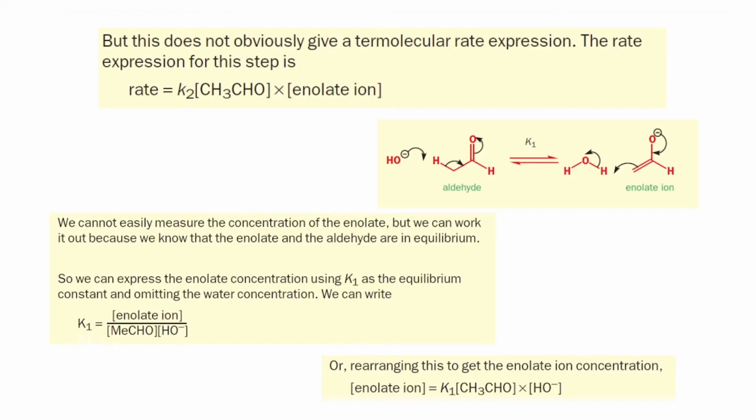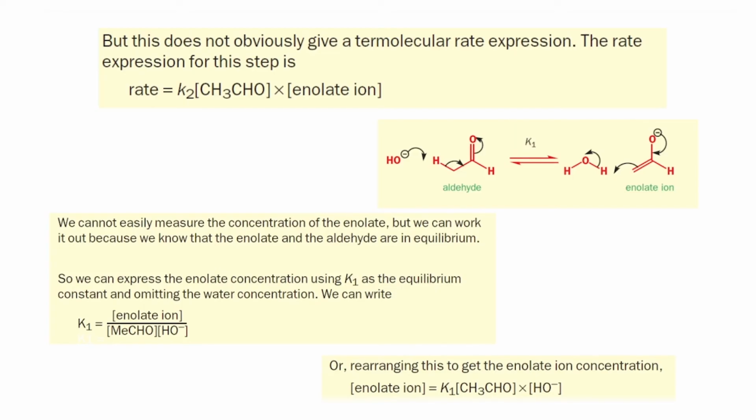But since we cannot directly estimate the concentration of the enolate, we now need to derive the concentration of enolate by using the information that we already know. So the enolate concentration is basically determined from this equilibrium constant, where you have hydroxide ion attacking the aldehyde, and it forms water and enolate. At high concentrations this would be an equilibrium reaction, and therefore the equilibrium constant for this can be determined.